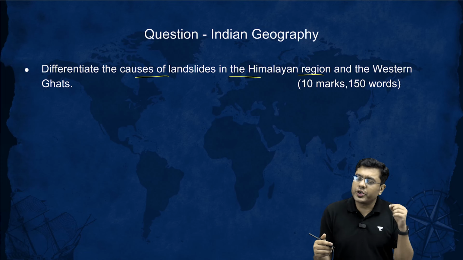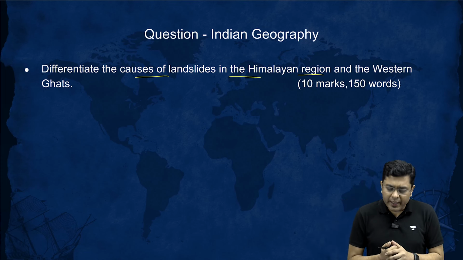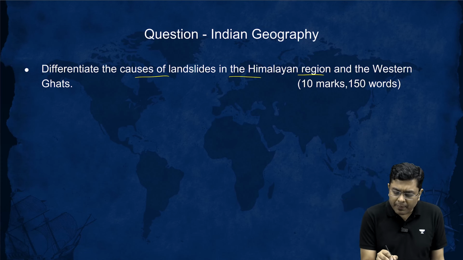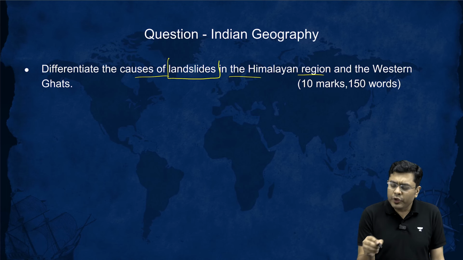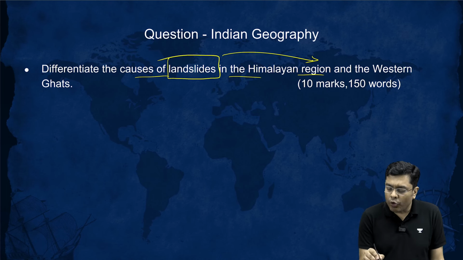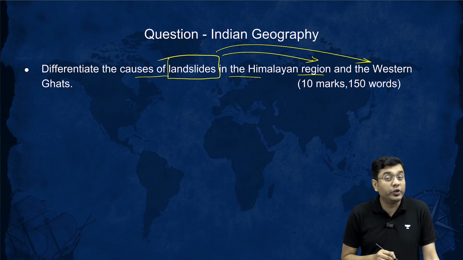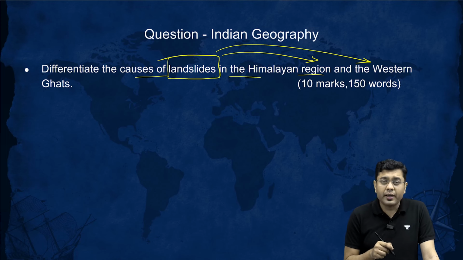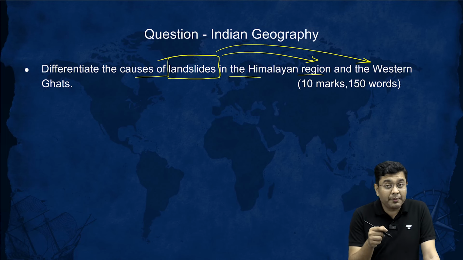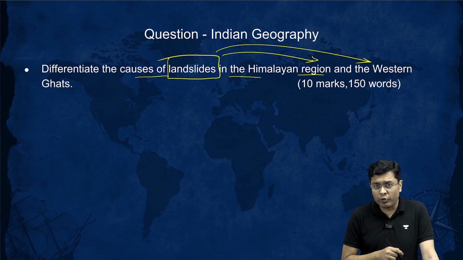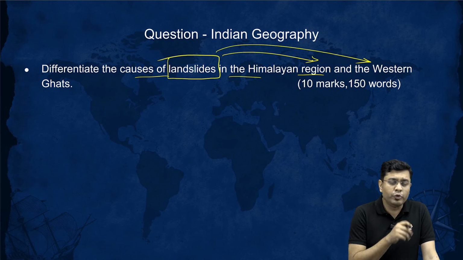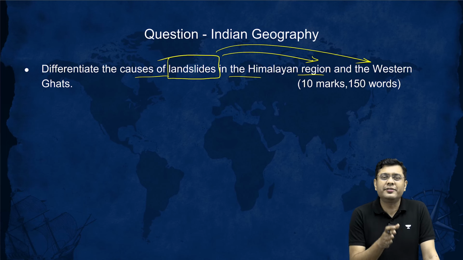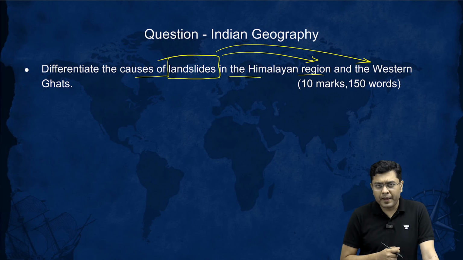So in the introduction, what do you talk about? In the introduction, you talk about landslides and link it with the overall landslides in both the areas. Landslides are mass movements which are initiated when you have availability of a large surplus amount of water, presence of loose soil, and the existence of steeper slopes.